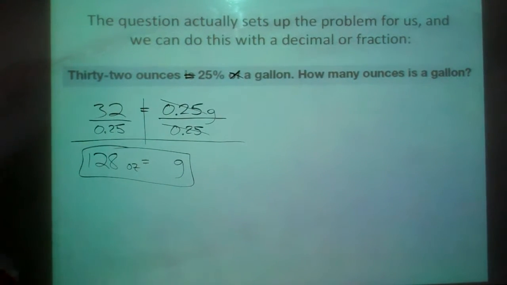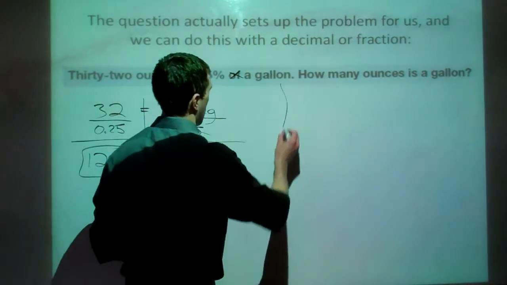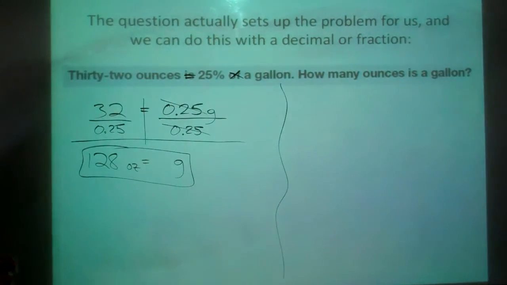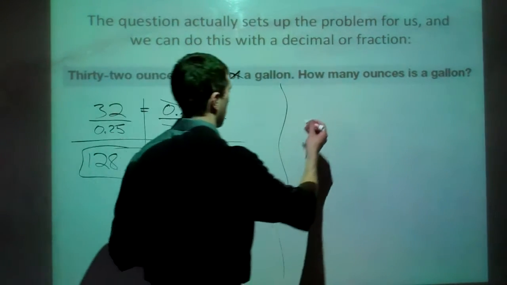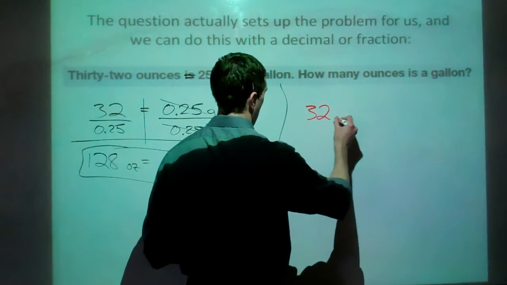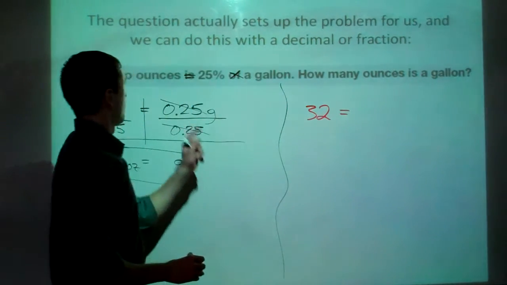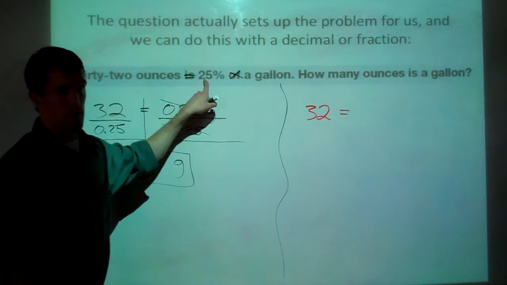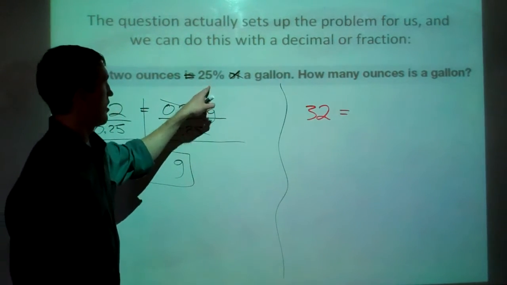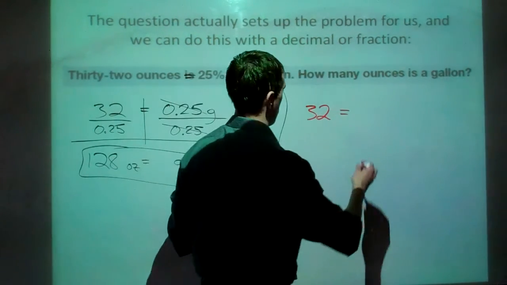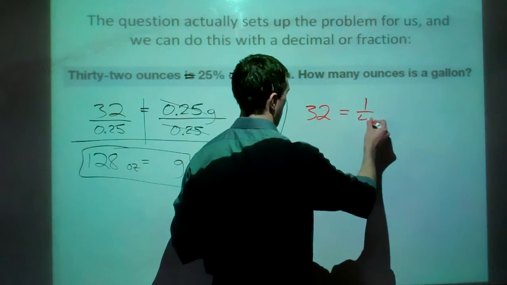Alright? We can also do this where we use 25% as a fraction. Still set up the same way. 32 equals, and 25% as a fraction, that's 25 out of 100. 25 out of 100 reduces to 1/4.